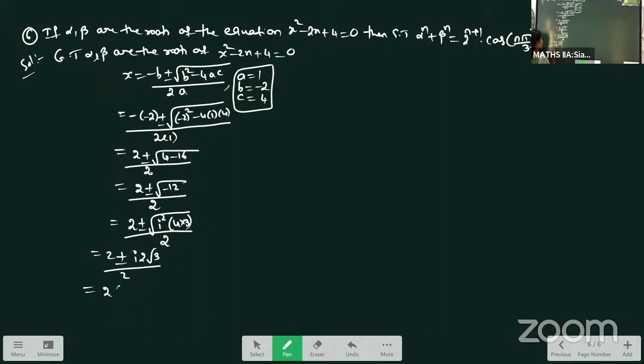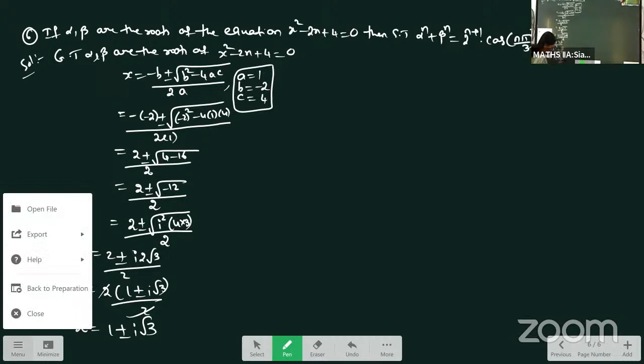Take 2 common, 1 plus or minus i root 3 by 2. 2 cancels. So x is equal to what we got? 1 plus or minus i root 3. These are the roots of the given equation.